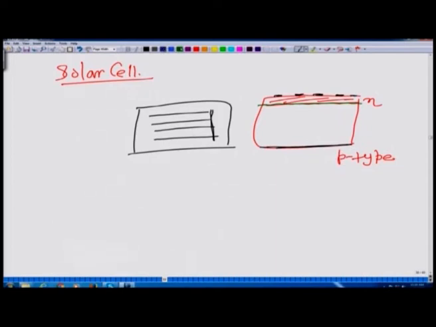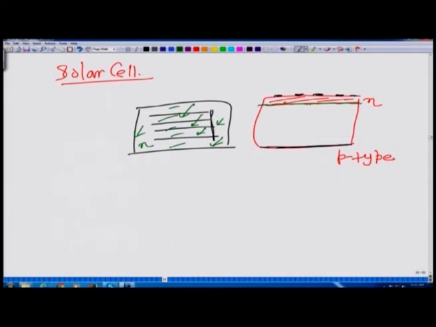Light falls through this space on this N type. The grid slightly obstructs, so that should not be large, and then light falls on this junction.